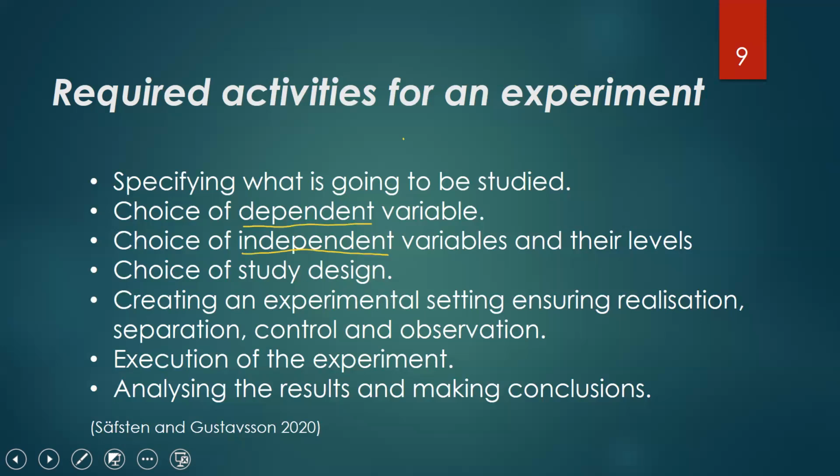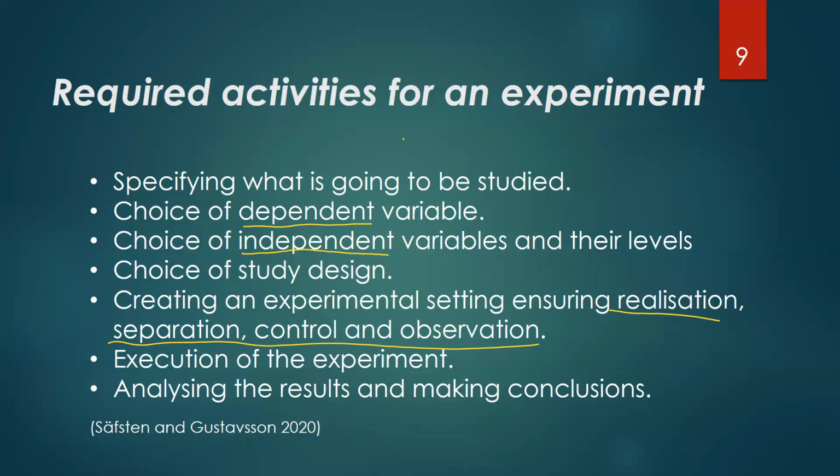Choice of the study design. How do you design this study? How do you perform this experiment? That's another thing. Creating experimental setting, ensuring realization, separation, control, and observation. We already discussed these 4 things; these are for a good experimental setting.